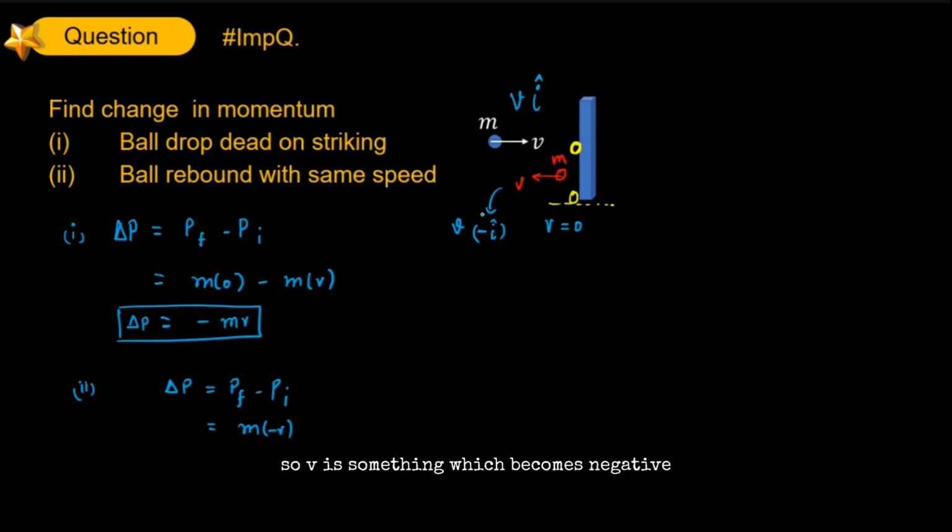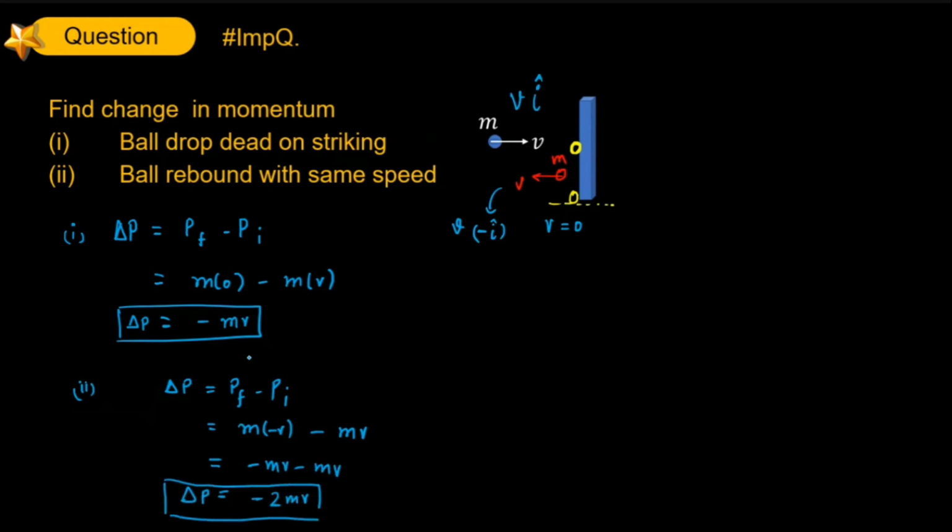The initial momentum is positive mv. So negative mv minus positive mv gives twice negative mv. So the change in momentum in this case is double that of the first case.